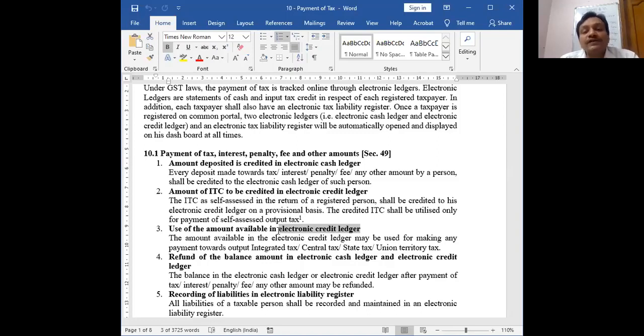I'm not going to discuss this point in detail because I have already discussed it in the chapter input tax credit. I only wanted to make sure that you can revise this concept. So the amount of the electronic credit ledger can be used to pay my output tax, in whatever ratio, whatever proportion, that is another concept.